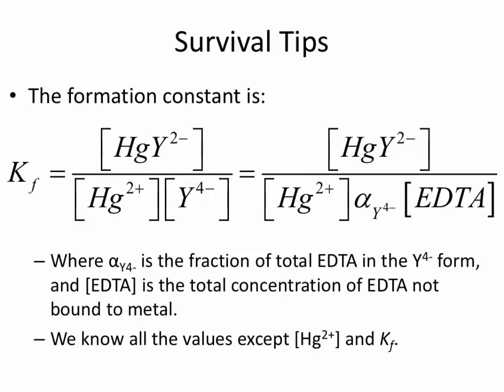Now we can replace that with these two terms over here: our total EDTA concentration that is not bound to our mercury ions, and this alpha Y4 minus, which is the fraction of our total EDTA in the Y4 minus form. We now know all of the values except for our Kf here and for our mercury 2 concentration.